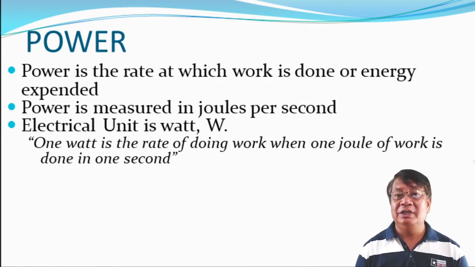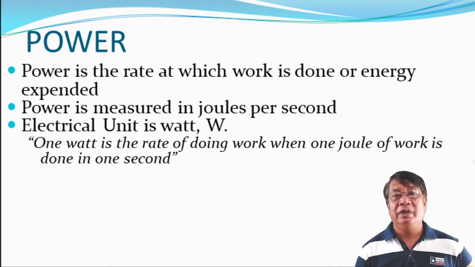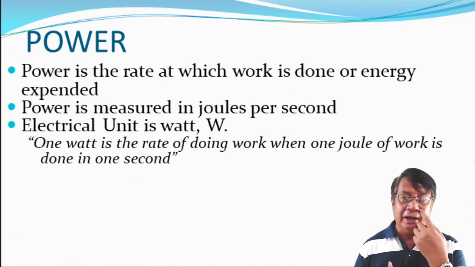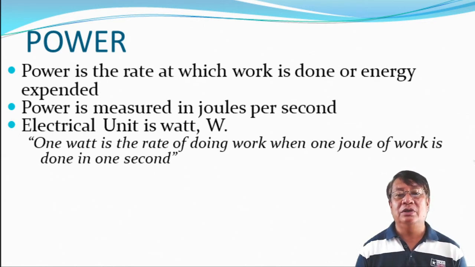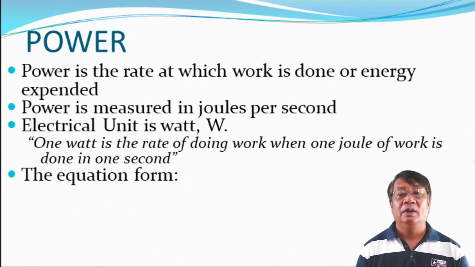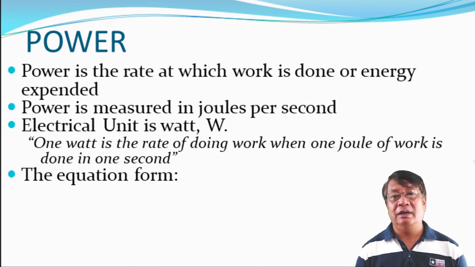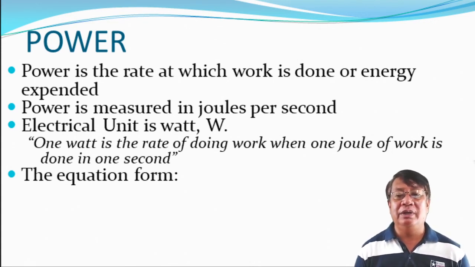So we have another generalization here. Try to memorize these generalizations. We have: 1 watt is the rate of doing work when 1 joule of work is done in 1 second. So that is your electric power. Because of that generalization, we will be able to express it in equation form.